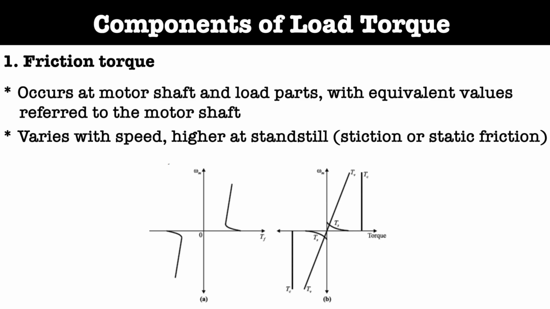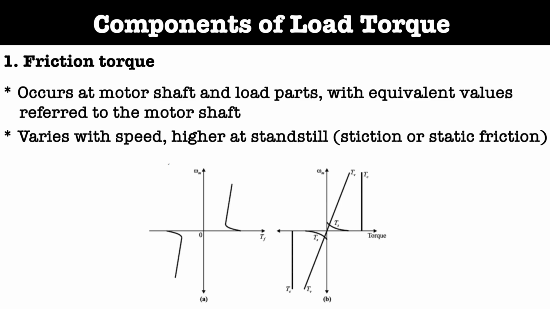This high initial friction is known as stiction or static friction. To initiate the movement, motor torque must surpass this stiction. Friction torque comprises three components, including viscous friction, which varies linearly with speed, given by the expression T equals B into omega, where B is the viscous friction coefficient.